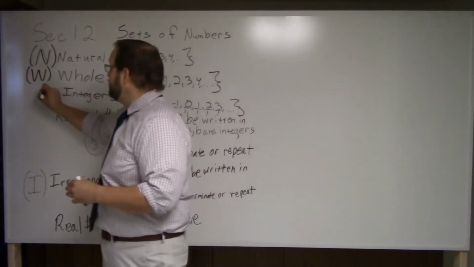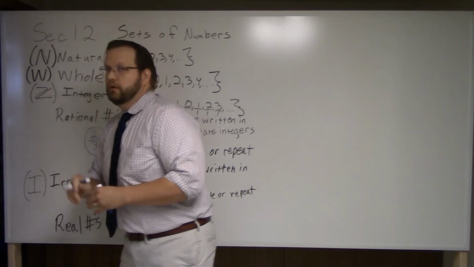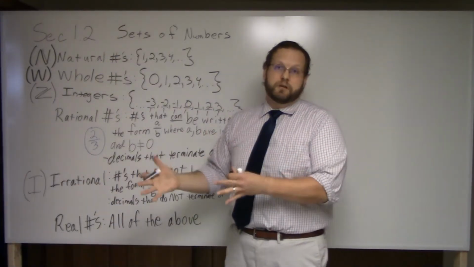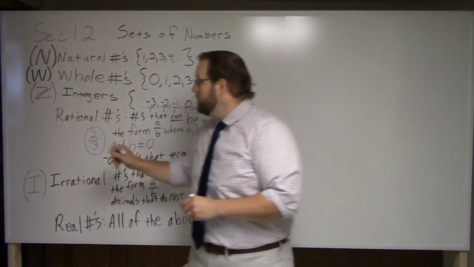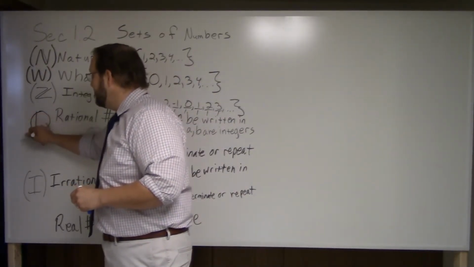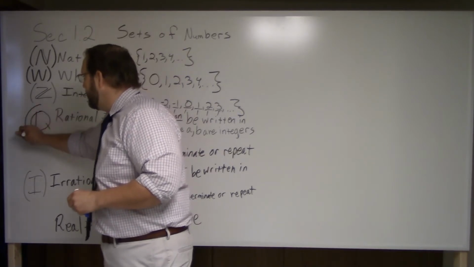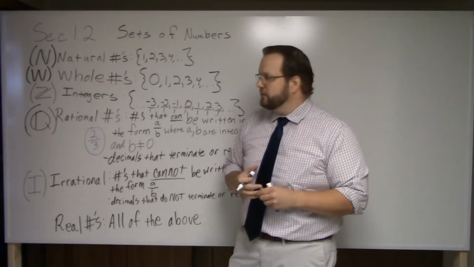Integers, we are going to use Z. Okay, and it comes from the German word for number. That's where that Z is coming from. Rational numbers, we are going to use a Q, and again, sometimes we put a vertical bar in there just to set it aside so it's something special as a set of numbers.